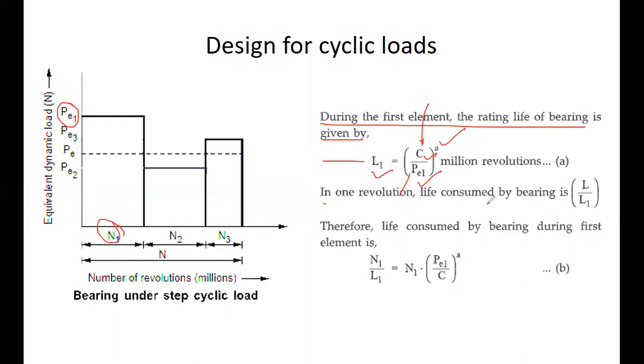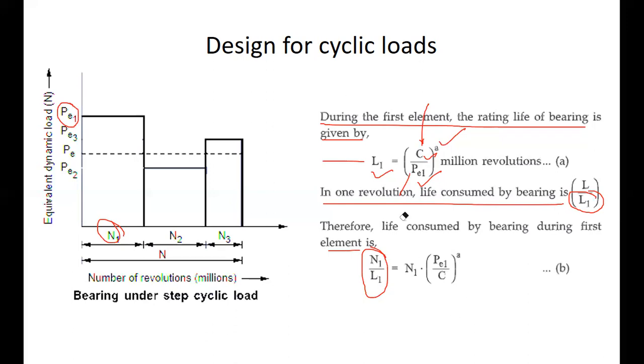In one revolution, life consumed by the bearing is given as 1 divided by L1. Therefore, the life consumed by the bearing during the first element will be N1 upon L1, which is equal to N1 (PE1 divided by C) raised to a.